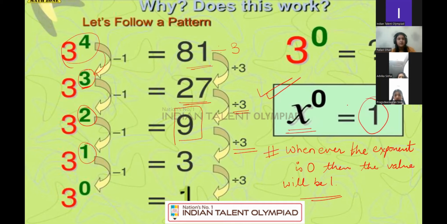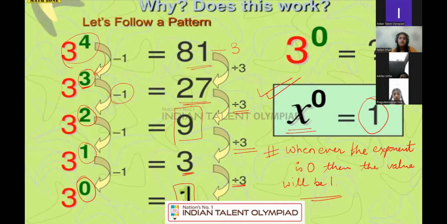So here is a proof. 3 cube is 27, 3 square is 9. Here we are subtracting the exponent by 1, which means we are dividing by 3. When we subtract 1 again, we get 0 as the exponent, and then we divide by 3, which makes it 1. Are we good here, everyone?